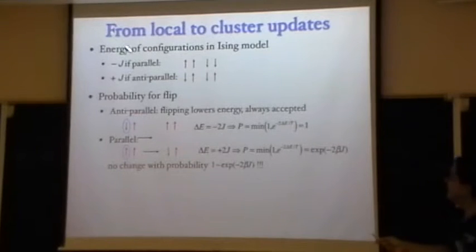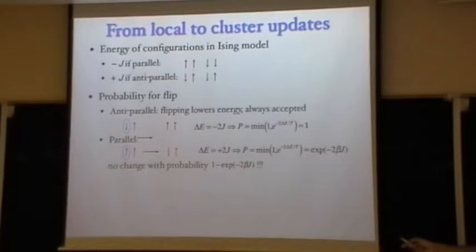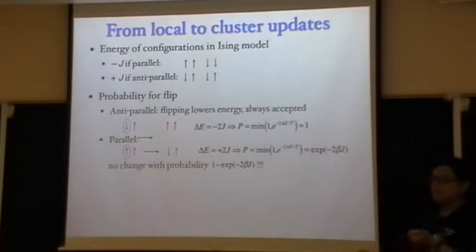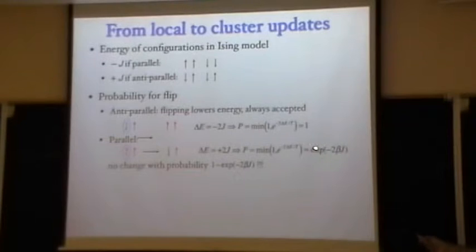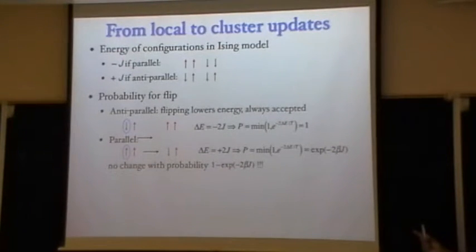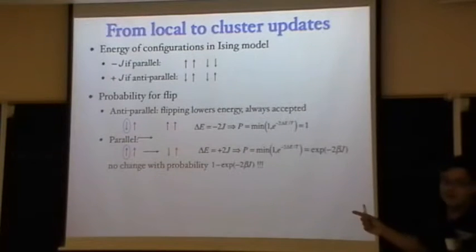It is minus J, and for 2 anti-parallel spins it is plus J. So when I pick a spin and the 2 spins were not parallel, then I will always accept to flip it. But if 2 spins were parallel, then I will flip it only with the probability that is exponential of minus 2 beta J. And with 1 minus that, I will not flip it. I will not do anything.